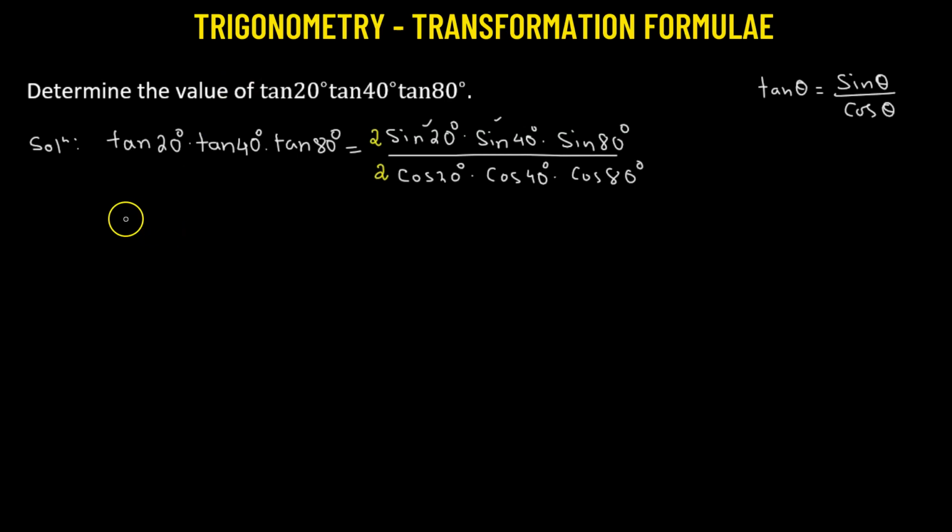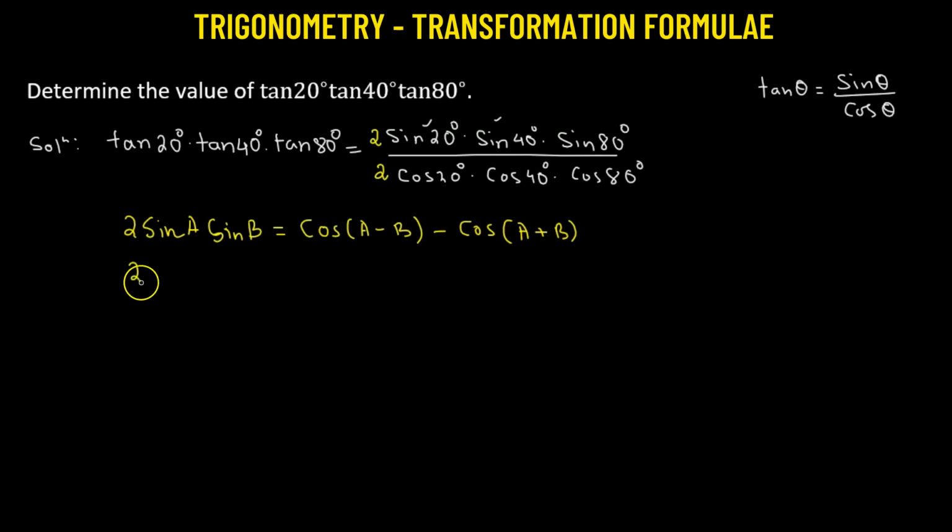If we have 2 times sine of angle A times sine of angle B, this will be equal to cosine of A minus B minus cosine of A plus B. And then we have 2 times cosine of angle A times cosine of angle B. So this will be equal to cosine of angle A plus B plus cosine of angle A minus B.